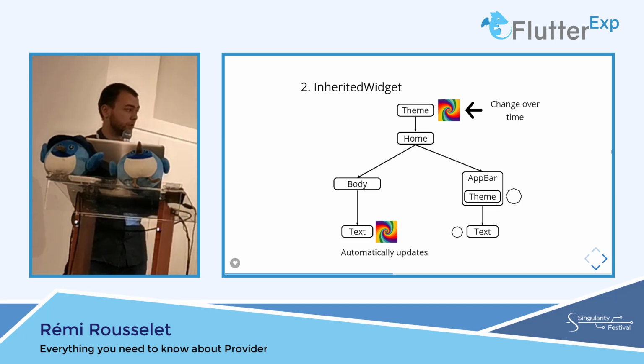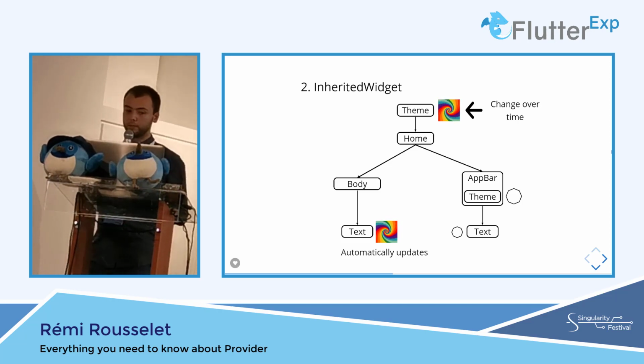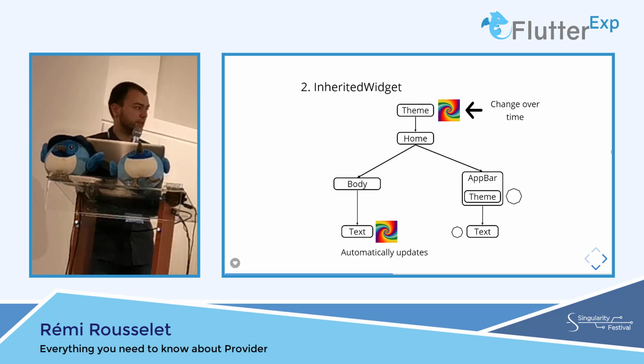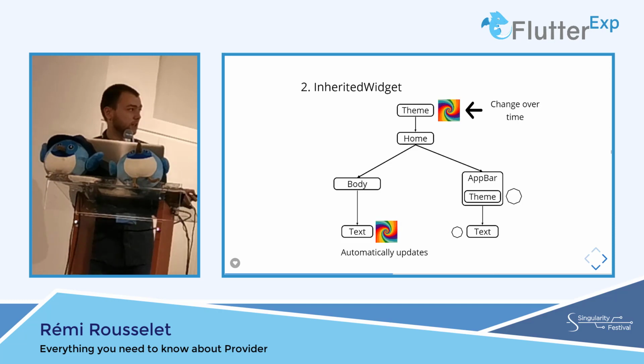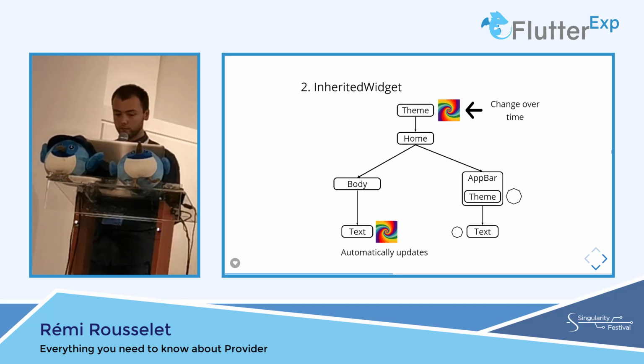That's very powerful because we never had to do anything like managing subscriptions or having streams or whatever. It automatically rebuilds when the theme changes. But at the same time, that white text used by the hotbar is not impacted by this animation. It won't rebuild unnecessarily. When this color changes, only the text will rebuild, not everything else.